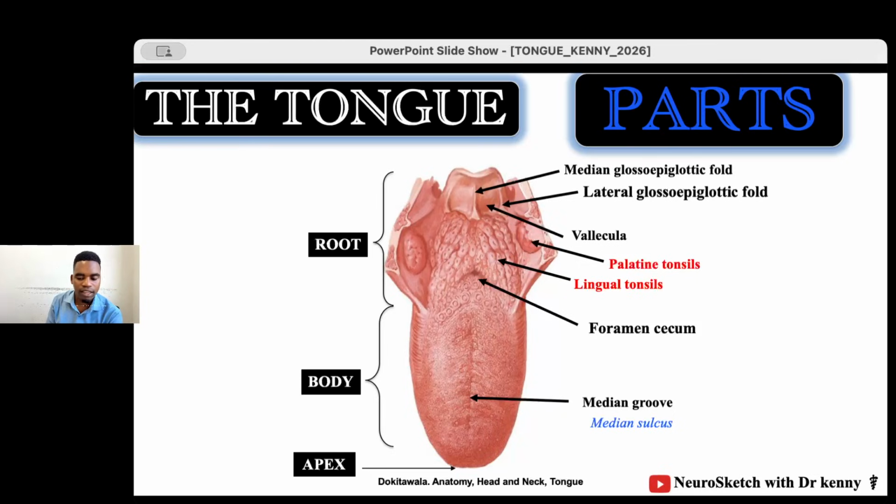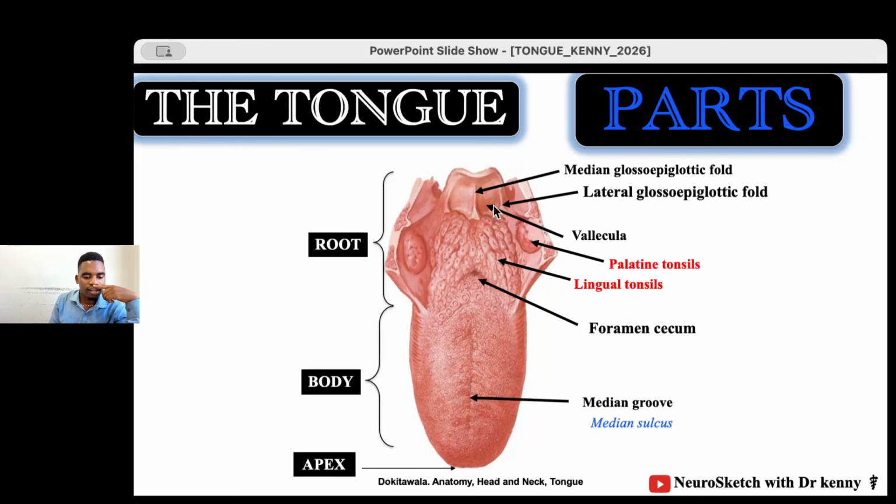So we have a median glossoepiglottic fold and two lateral glossoepiglottic folds. Next is the vallecula, and the vallecula is this depression here between the median glossoepiglottic fold and the lateral glossoepiglottic fold on either side.